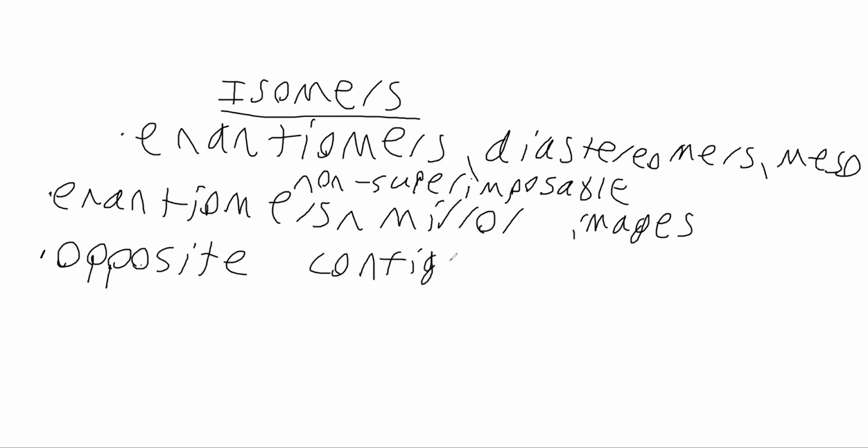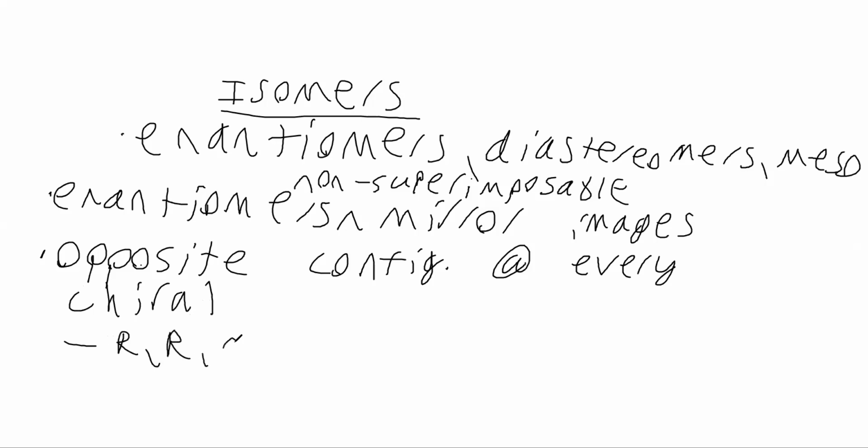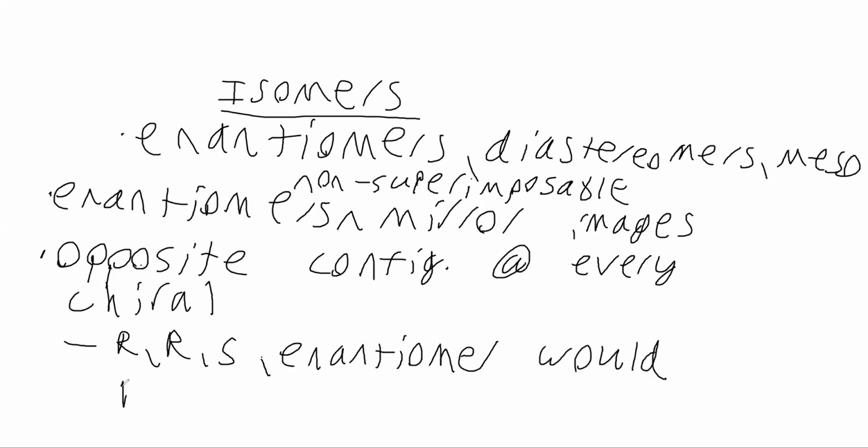So I'm not going to draw a molecule, but for example, if we had a molecule with R and S configuration at its 3 different chiral centers, then its enantiomer would have S and R. That's just some example.